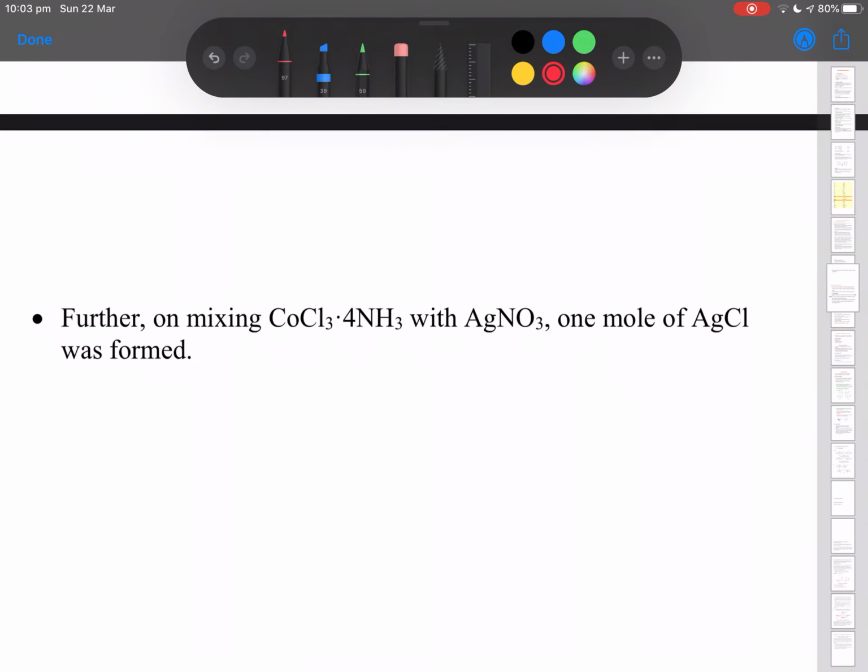Now in the third example, he found that this was the result. CoCl3.4NH3, when allowed to react with AgNO3, he could find that only 1 mole of AgCl got precipitated out.